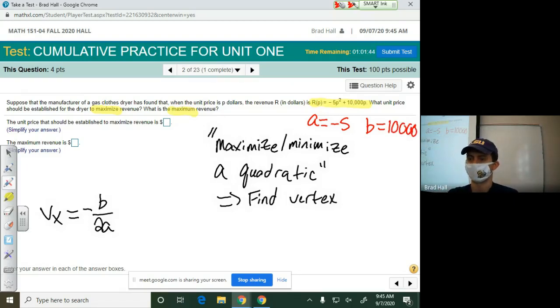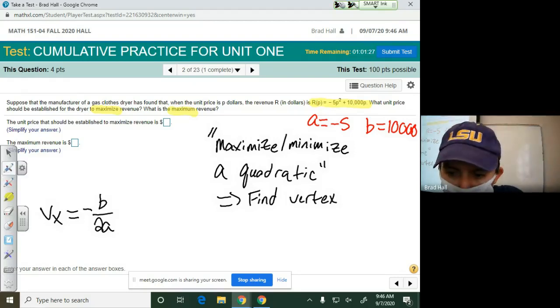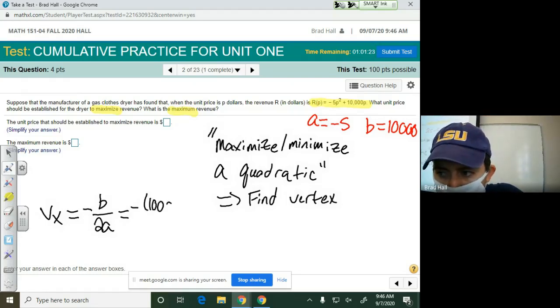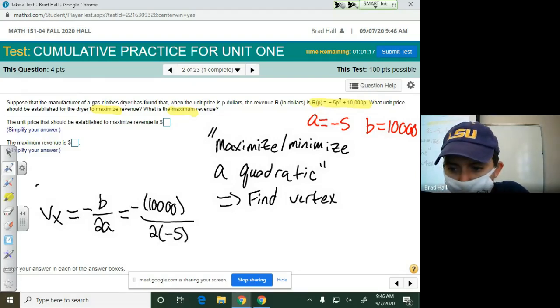So notice -5 because that's the leading number, and then 10,000 for the next number. That's A and B. Just like if you were to apply the quadratic formula to this expression, you would have to find A, B, and C. Here's A and B. So it's -10,000 divided by 2 times -5.